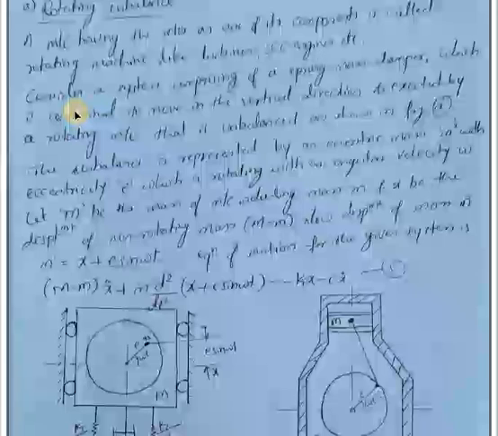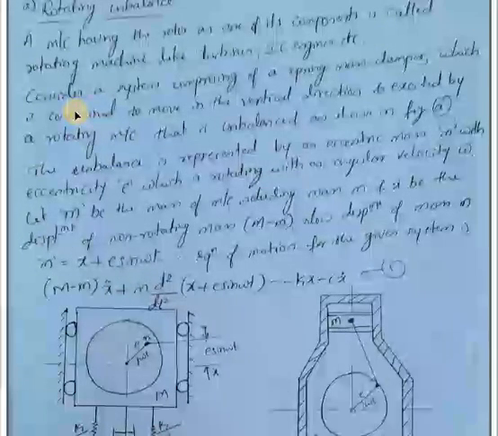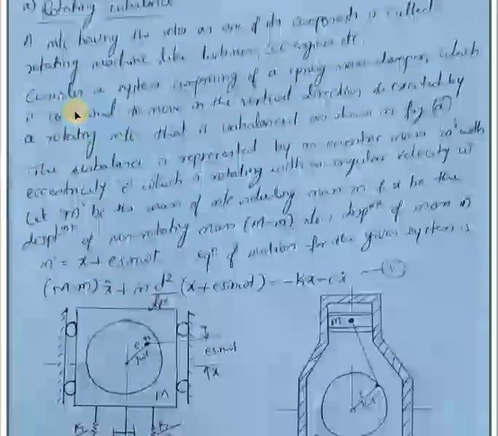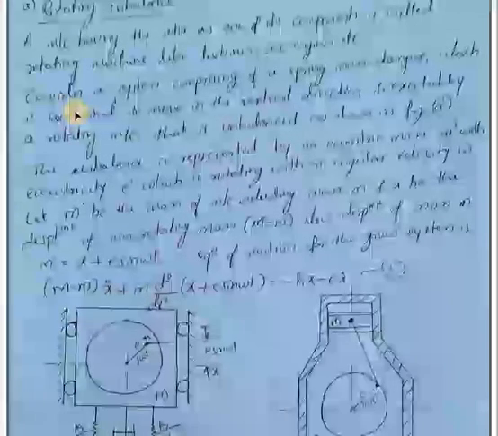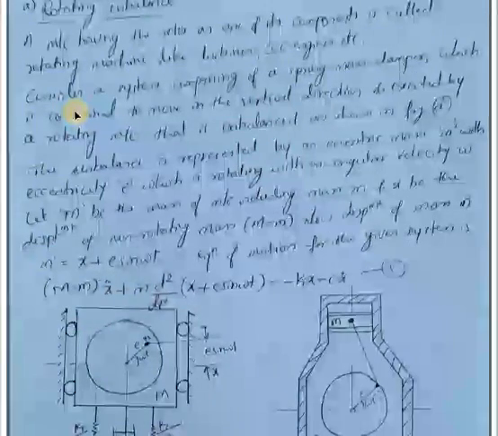If a machine has a rotor as one of its components, it is called a rotating machine, like turbines and IC engines. The unbalance in a rotating machine is a common source of vibration excitation.